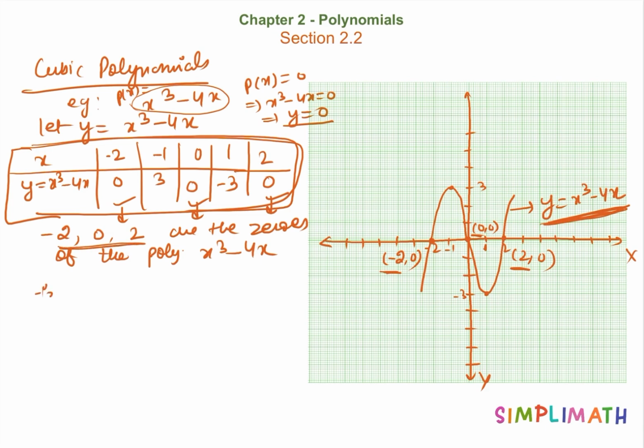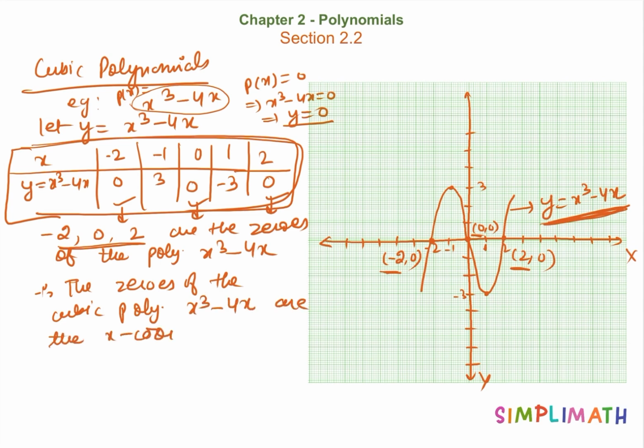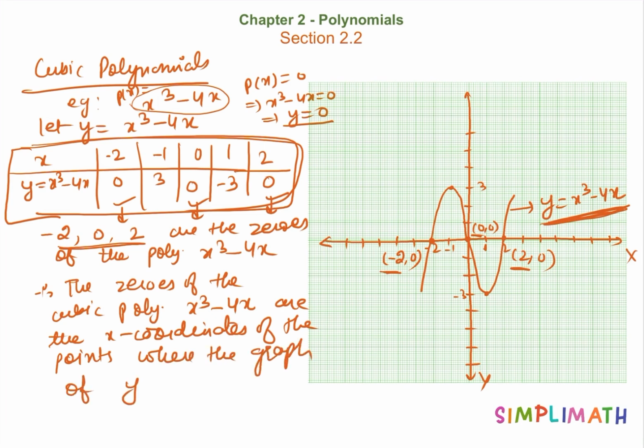So what I can say is, the zeros of the cubic polynomial x cube minus 4x are the x coordinates of the points where the graph of y equals x cube minus 4x intersects the x-axis.